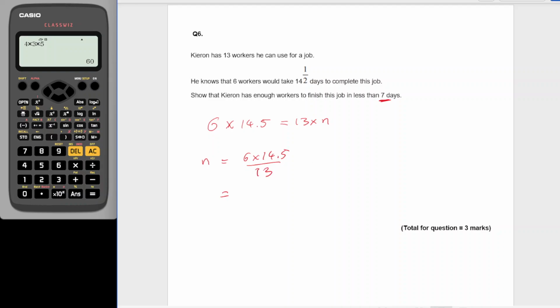Nice quick way of doing it. So the fraction 6 times 14.5 over 13 gives us, let's put it as a mixed fraction, 6 9/13.